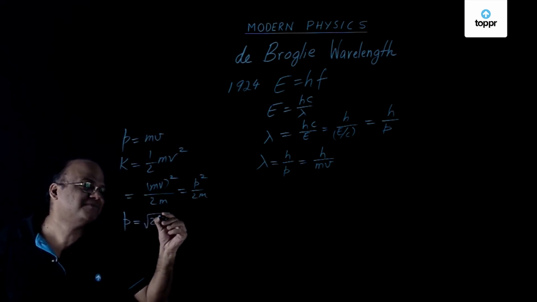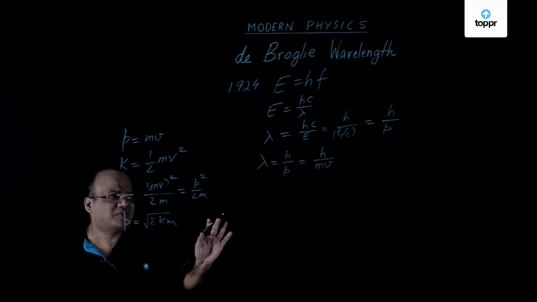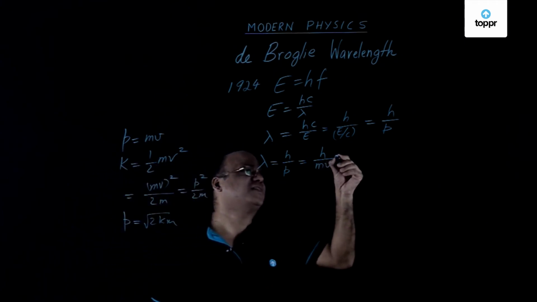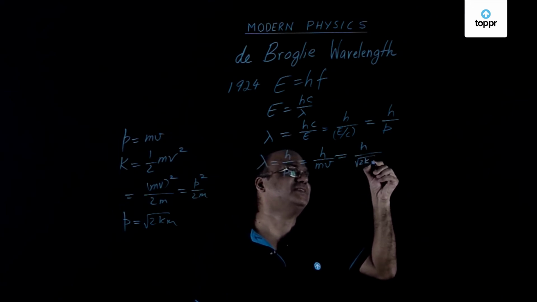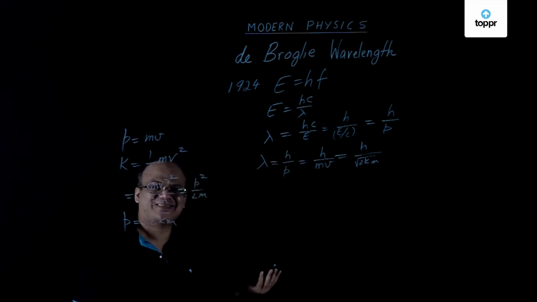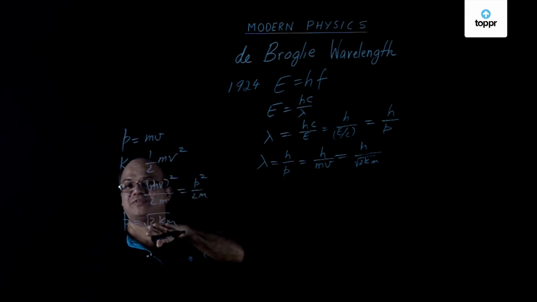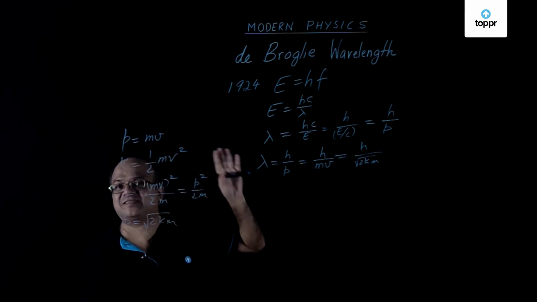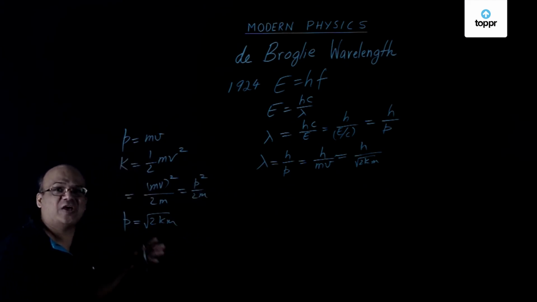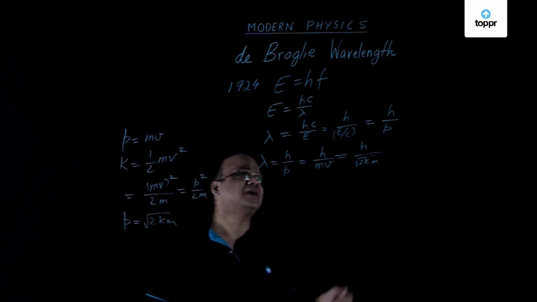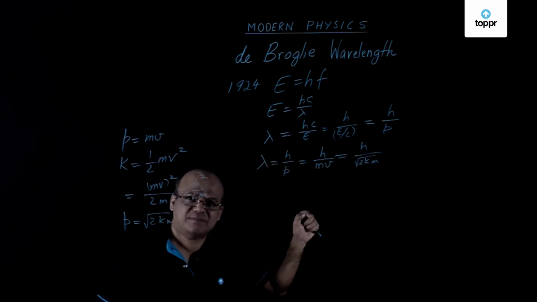Root 2Km. Therefore, we can write this p as root 2Km. K is kinetic energy, m is mass. This equation is valid always, not just in modern physics. In classical mechanics also you can apply K as p square by 2m and p as root 2Km. So lambda has become h by root 2Km.